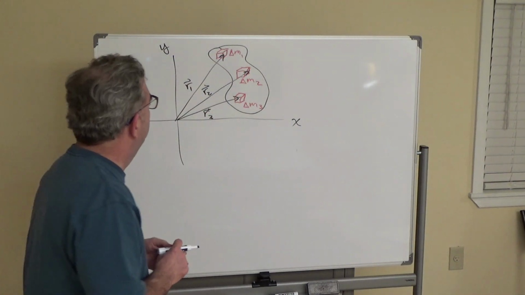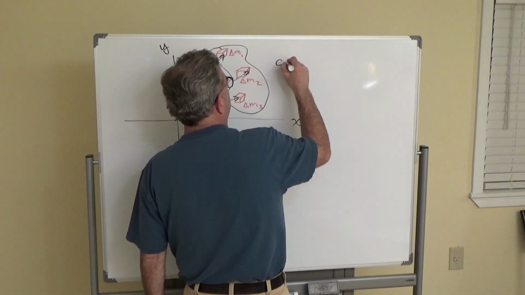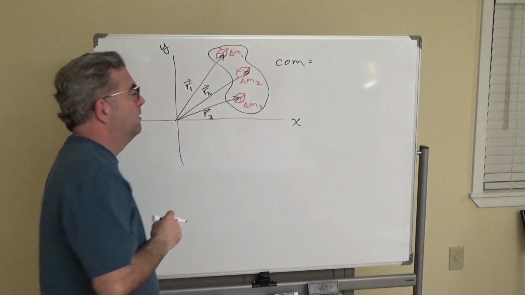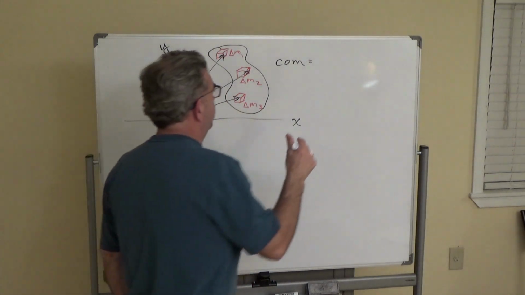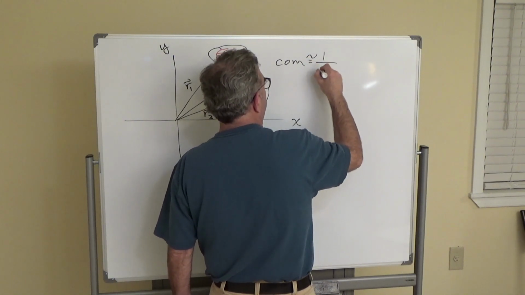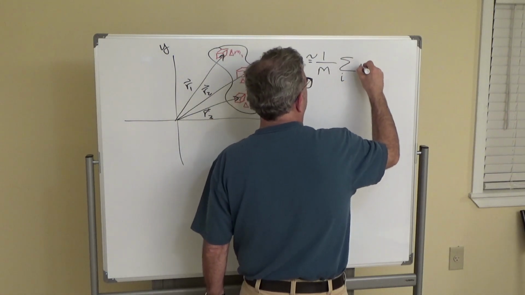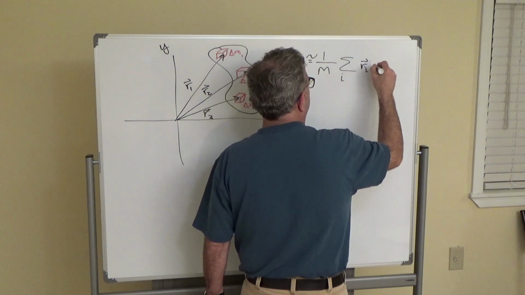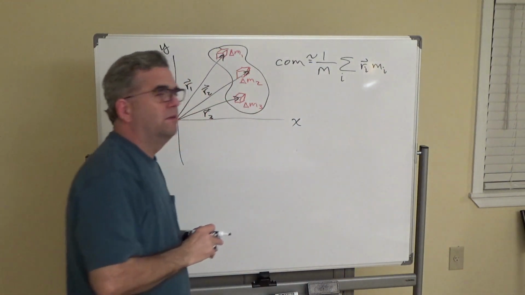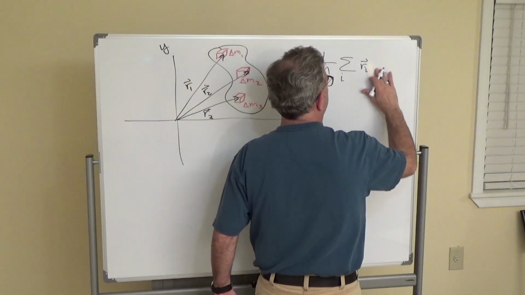Okay. So the center of mass is approximately equal to 1 over the total mass times the sum over i of R sub i, delta M sub i. Okay?